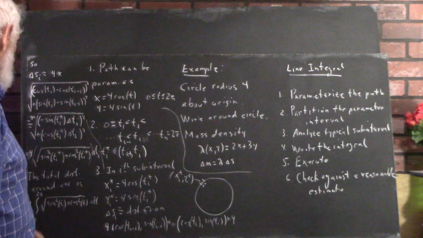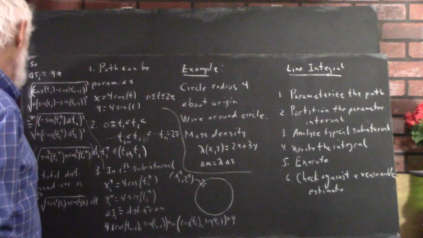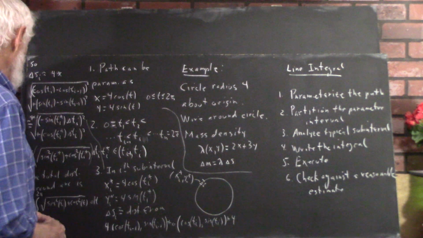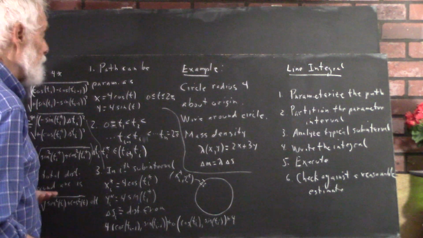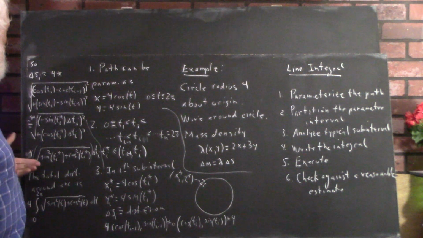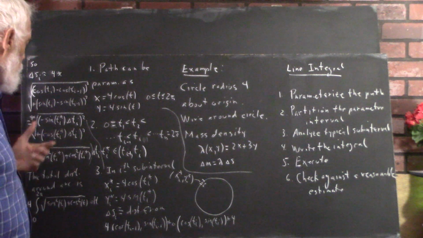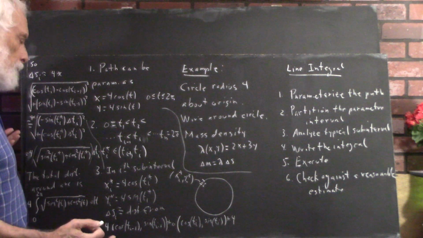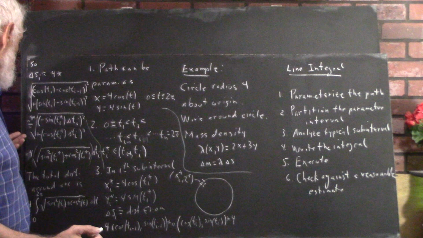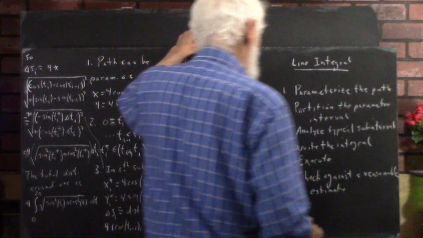Integrated dt gives you t from 0 to 2 pi, gives you 2 pi, multiplied by 4, you get 8. So there's your circumference again. Now that's not what we're trying to find. What we want to do now is ask ourselves, okay, this is great. Right there is your typical arc distance. But what is the mass of the interval? Okay?